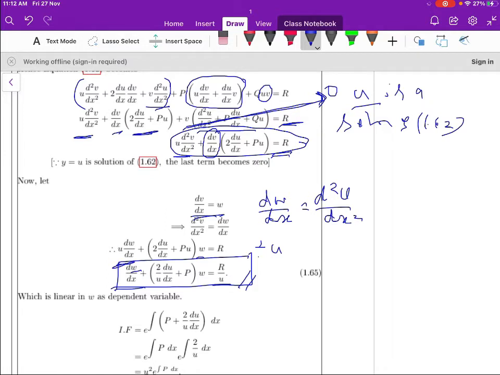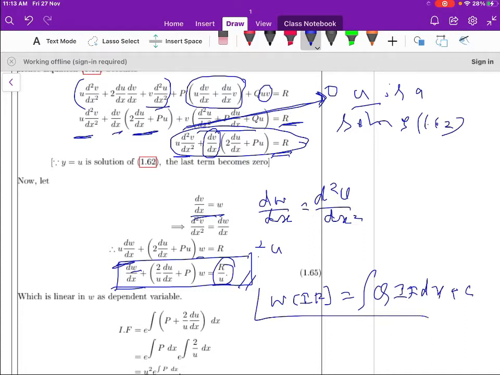You know the solution of this equation: w into integrating factor is equal to integral of Q into IF dx plus c. This is the general solution of the first order linear differential equation, where IF is the formula e to the power of integral of P dx.